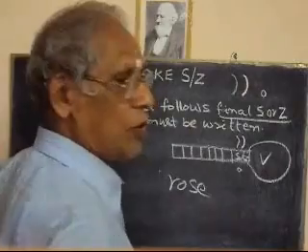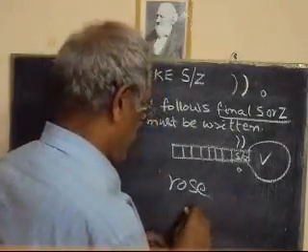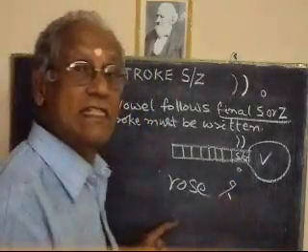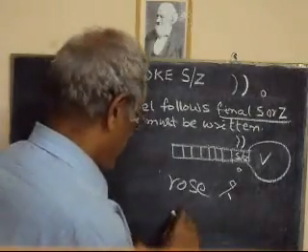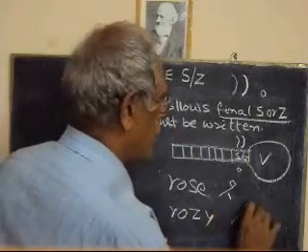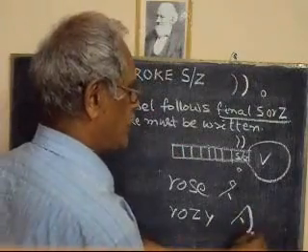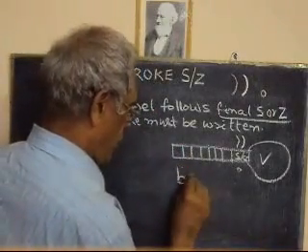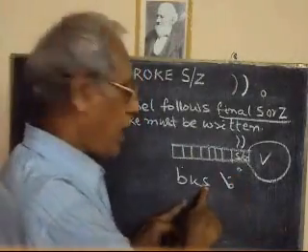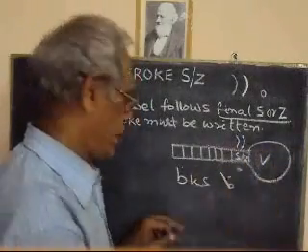Rose, Z sound, rose. Rosy. Bus. After S, there is no vowel. Therefore, you can safely write the circle.